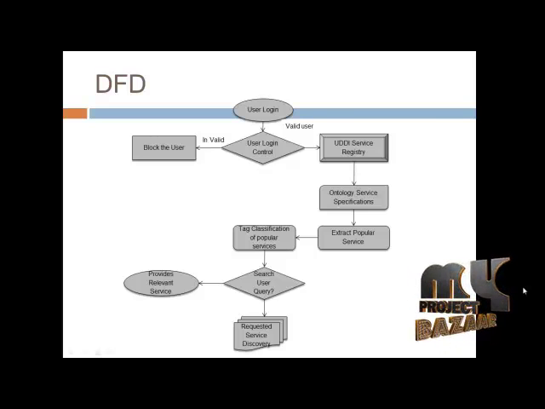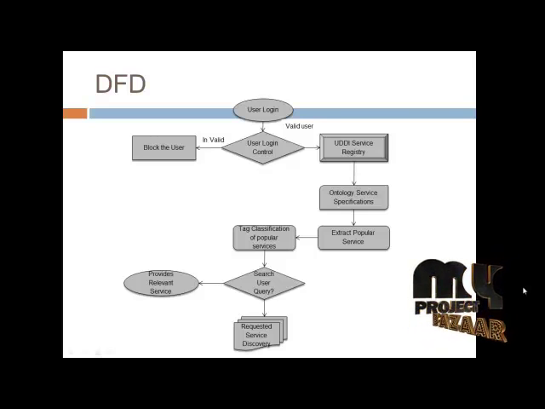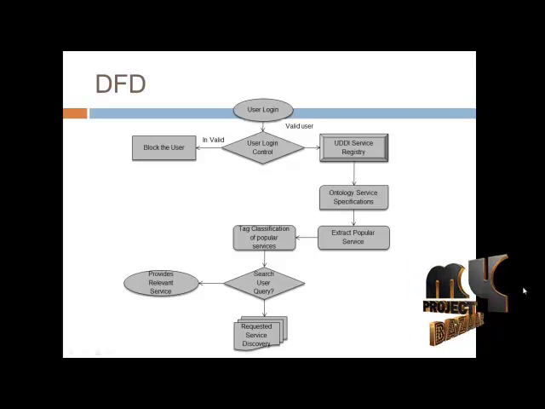From here it will extract all the popular services from the training dataset, and then it starts calculating the tag classifications from all the extracted popular services in order to retrieve the service link for potential consumers.